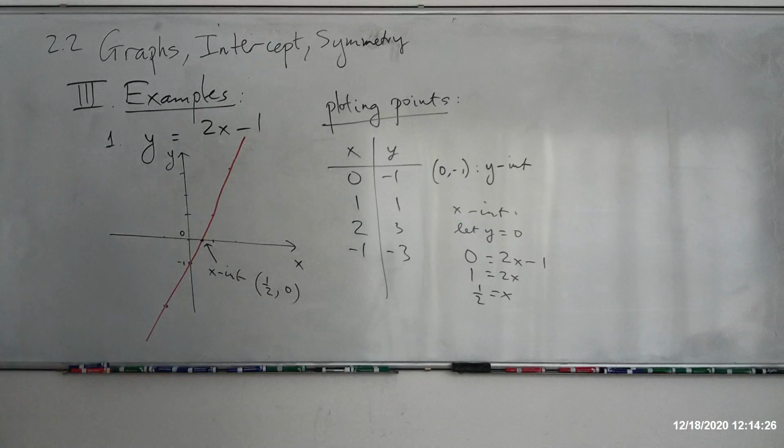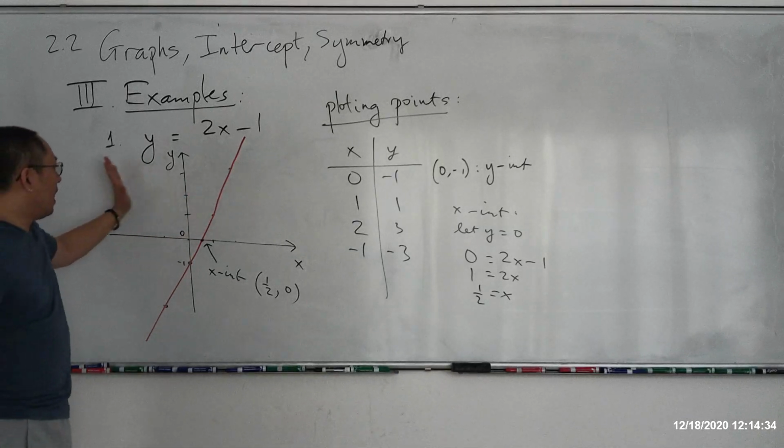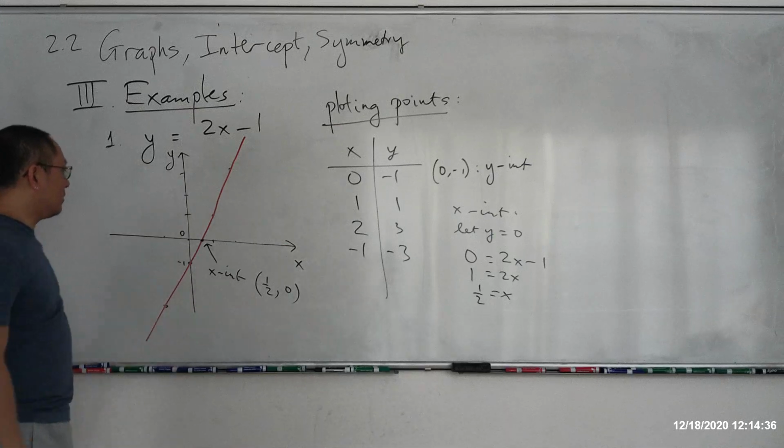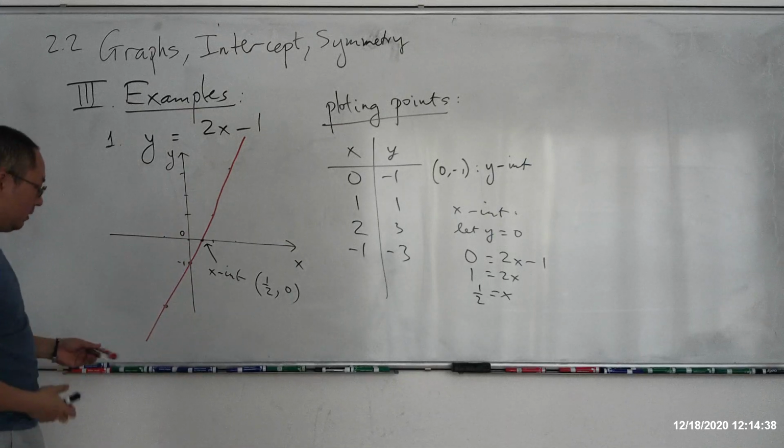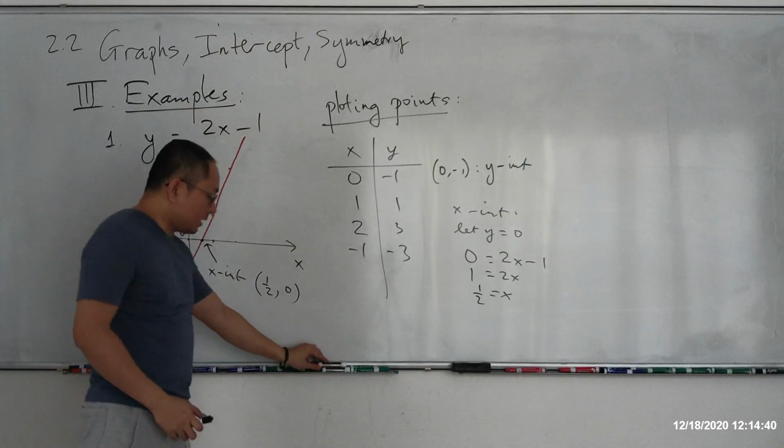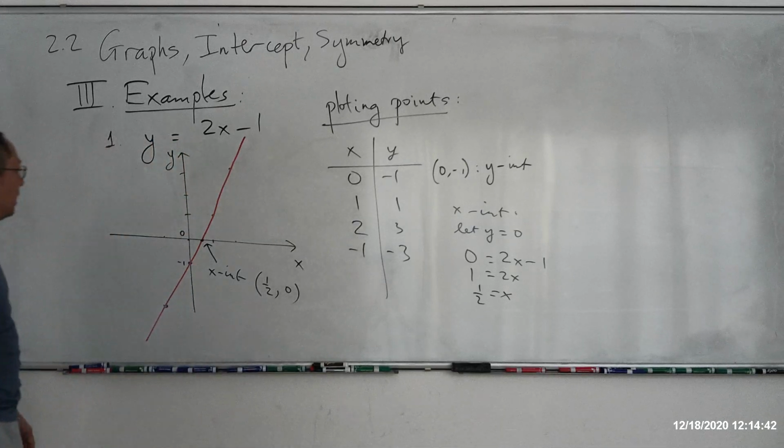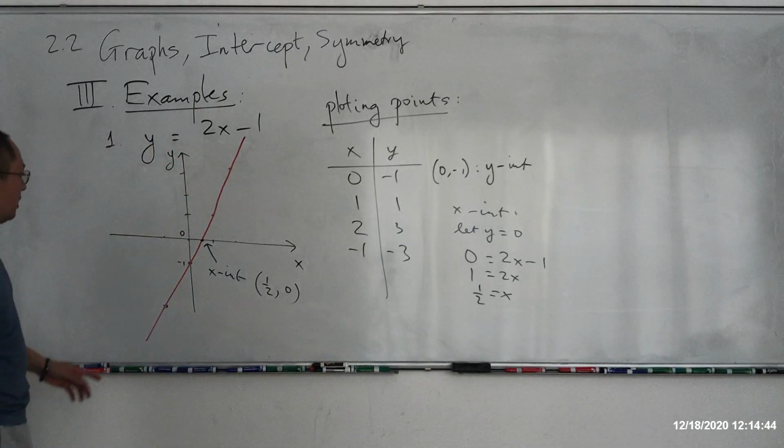What about symmetry? By looking at the graph, I can tell you right away that this graph has no symmetry at all. There is no y symmetry, no x symmetry, and no origin symmetry. See why?